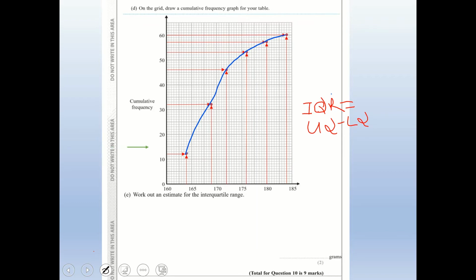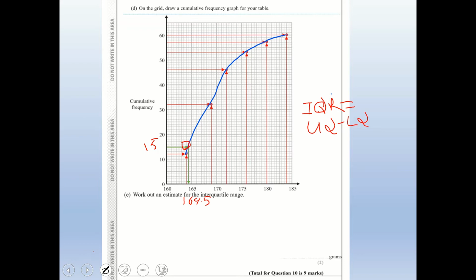So we'll go to 15, which is a quarter of 60, along to meet the curve, which will be about here, and then we project down. And the value we've got here will be our estimated lower quartile, which is 164.5.